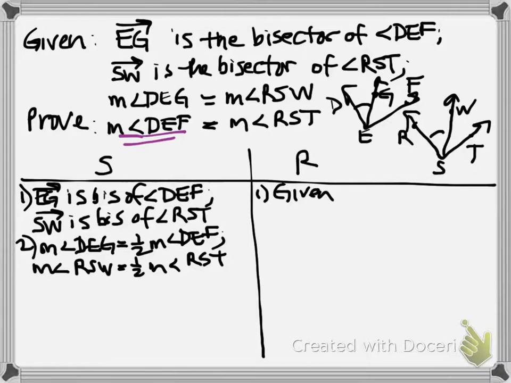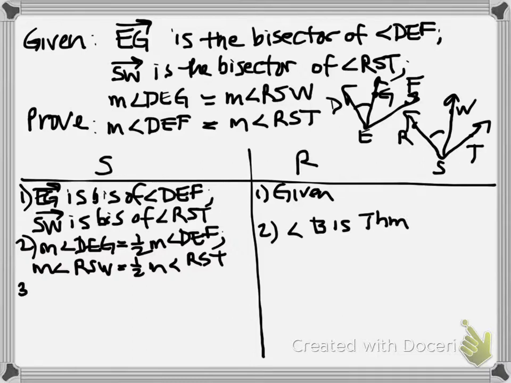So angle DEF and angle DEF, and then angle RST and angle RST. The reason that I get to state that is the angle bisector theorem. So this is an example of using that theorem.